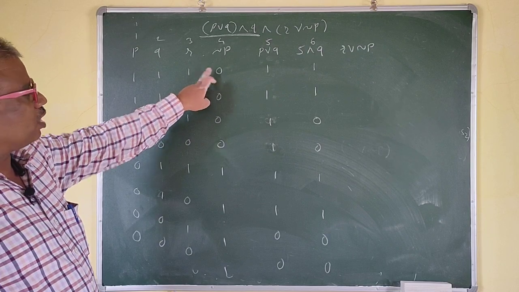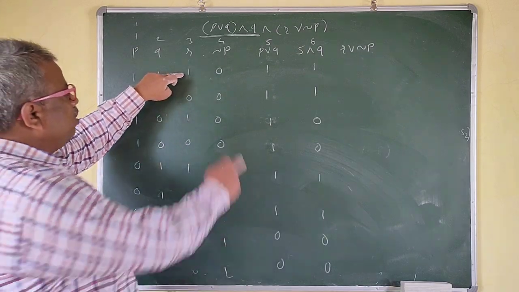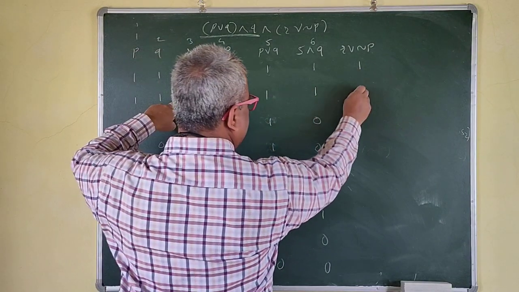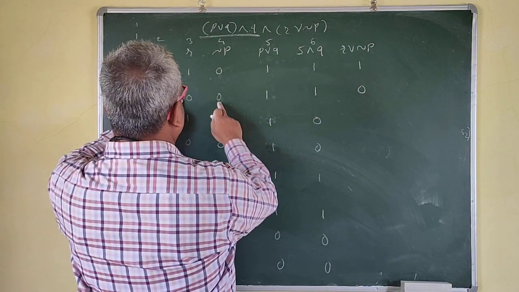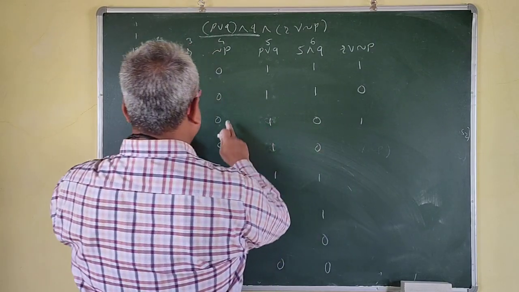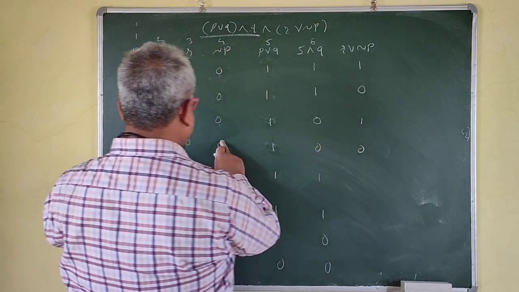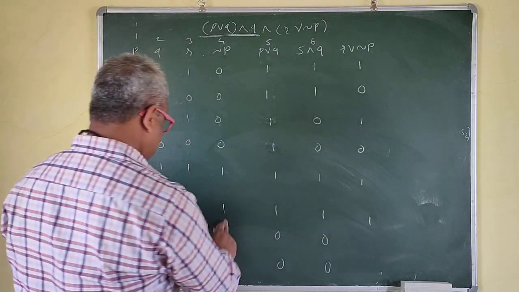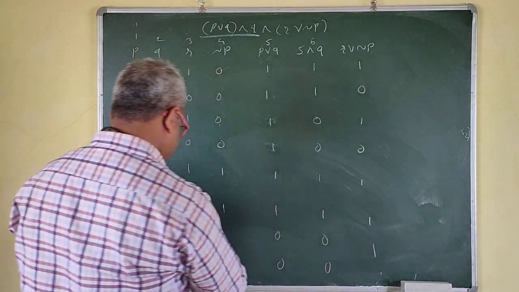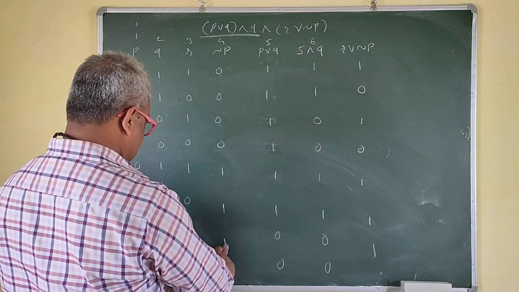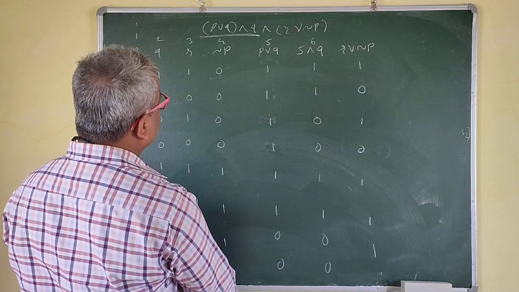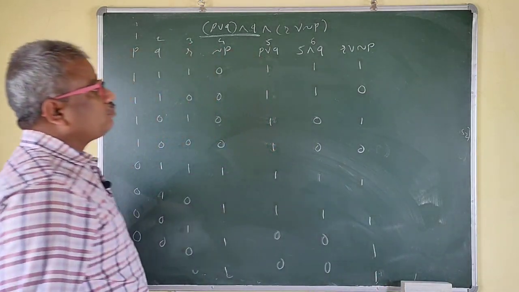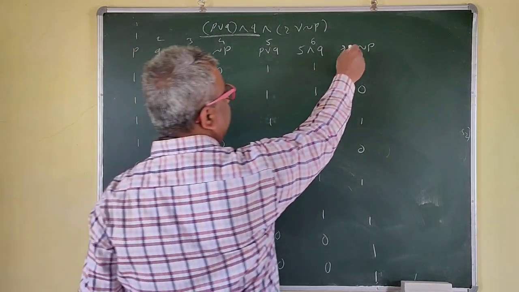And for the R you have to take the sum: 1 plus 0 is 1, 0 plus 0 is 0, 1 plus 0 is 1, 0 plus 0 is 0, 1 plus 1 is 1, 0 plus 1 is 1, 1 plus 1 is 1, 1 plus 1 is 1, and 0 plus 1 is 1 again. This is your column 7.